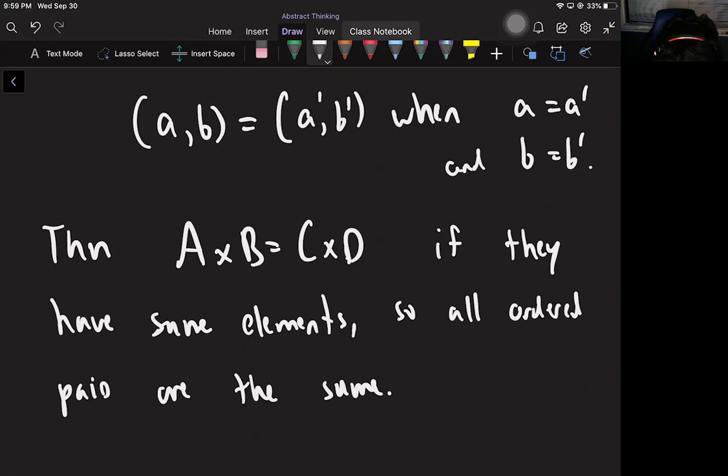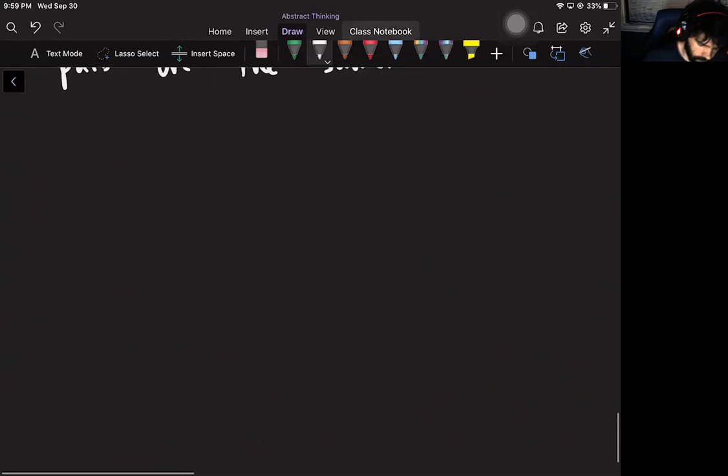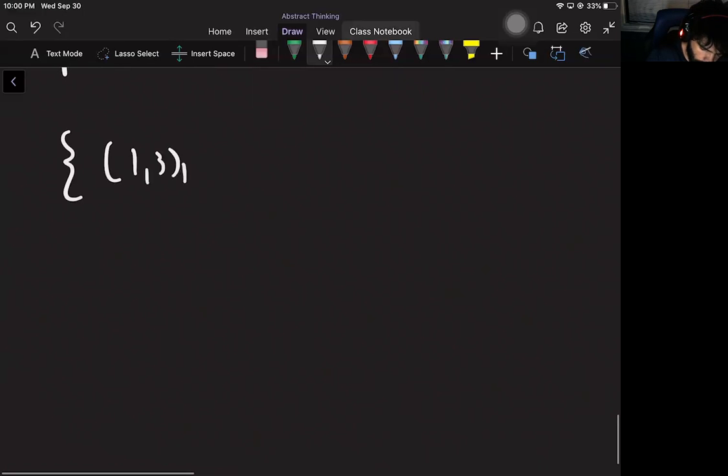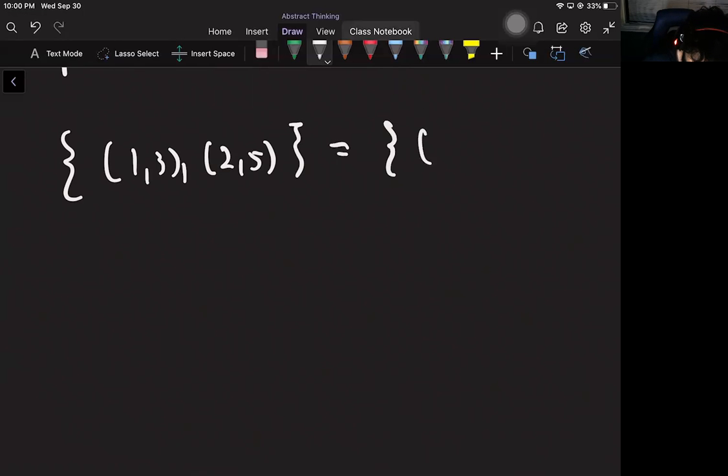They still count as being the same set. So for example, I could say something like this: (1, 3), (2, 5). That is a set with two elements in it, two ordered pairs. That's going to be the same as the set (2, 5) and (1, 3), because all I've done is change the order of the elements, but the elements themselves are the same.